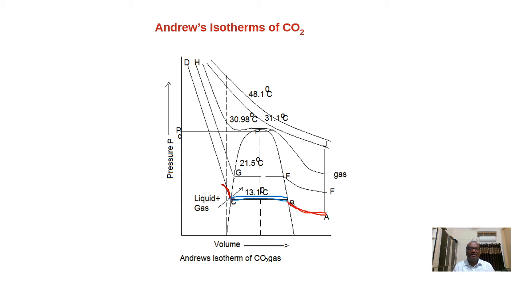You are using high pressure, but the decrease in volume will be very, very less. So at 13.1 degrees centigrade, you are observing three parts. One is A to B, the gas state. B to C, gas and liquid states, both existing here. From C to D is only the liquid state. These three parts you observe in the case of CO2 at 13.1 degrees centigrade.